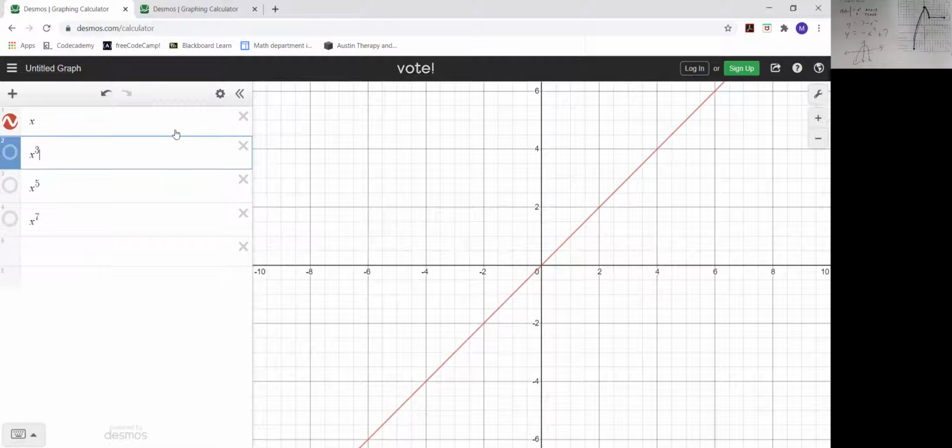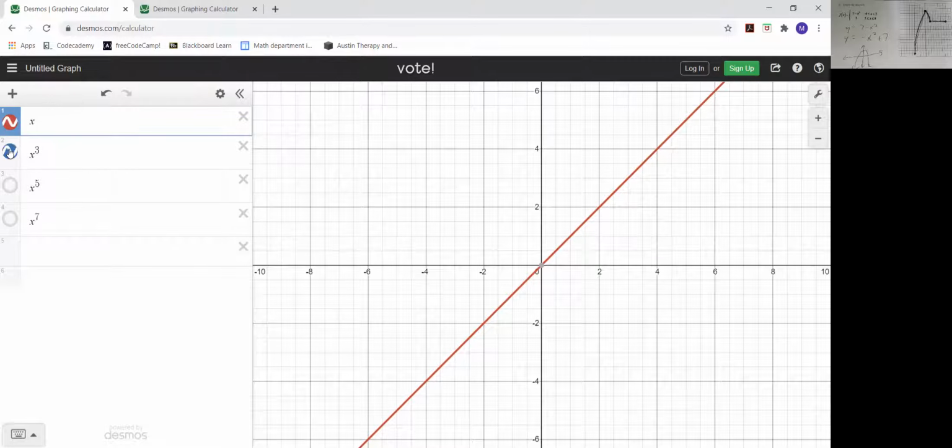The first odd degree function is x to the first power, or just x, y equals x. So that's a line, that line going right down the middle if you just do y equals x. Also known as the identity function.